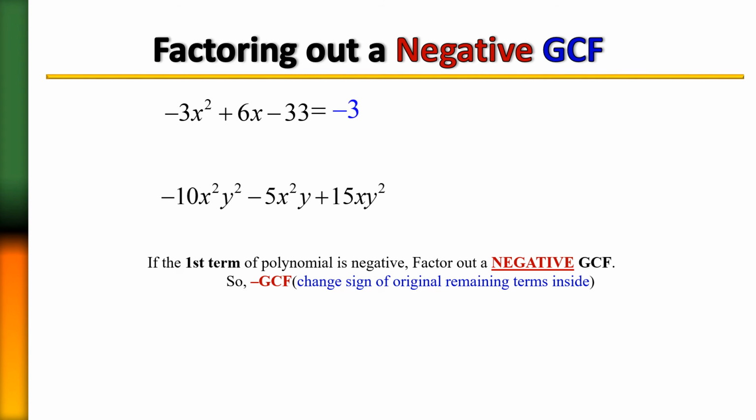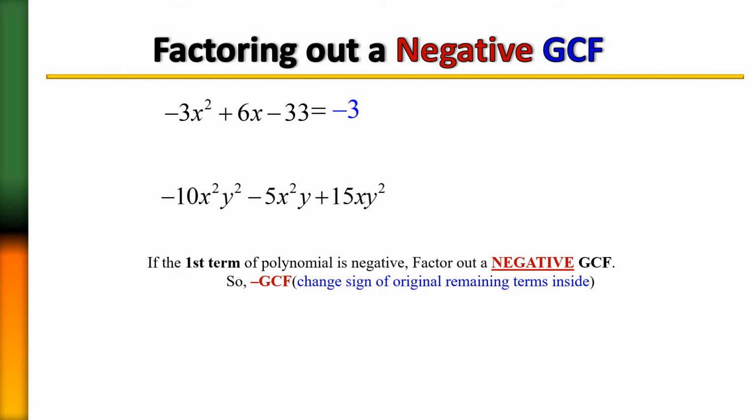And now what we're going to do is write what's left in parentheses, but we're not going to bring down the signs that you see here. Instead, you're going to bring down the very opposite. So inside the parentheses, after the first term, your next sign will be a negative and then a positive.